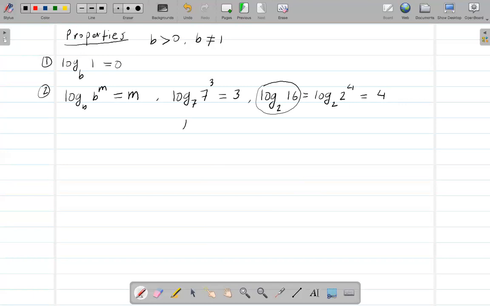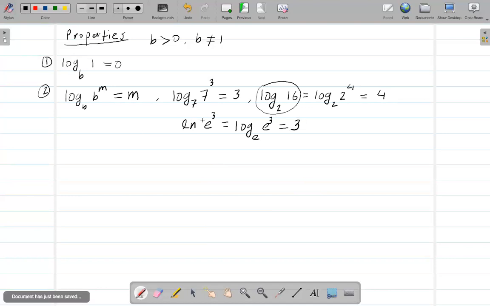What about the value of natural log of e to the power 3? We said before that I can replace natural log by log base e, and we still have e to the power 3. Since these two are the same, the value of this whole thing is 3.